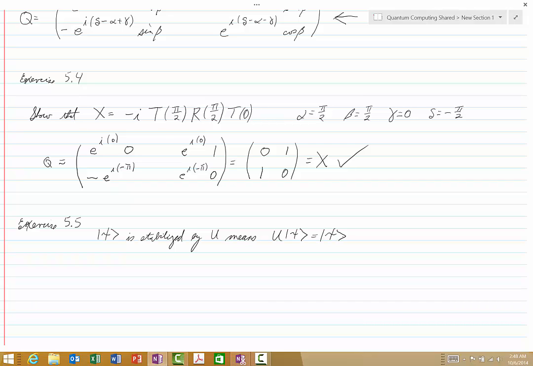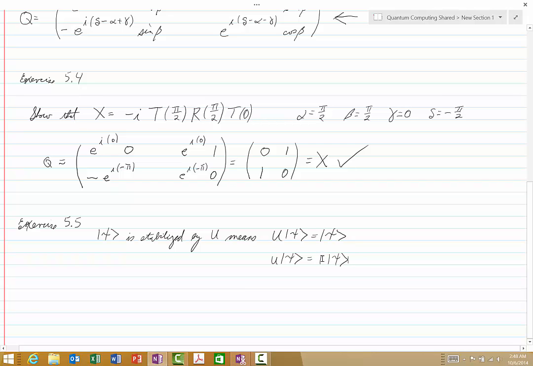In other words, we could think of this equation as being the same as U of psi equals 1 times psi. And so if you write it like that, you recognize that psi is simply an eigenvector associated with eigenvalue 1.